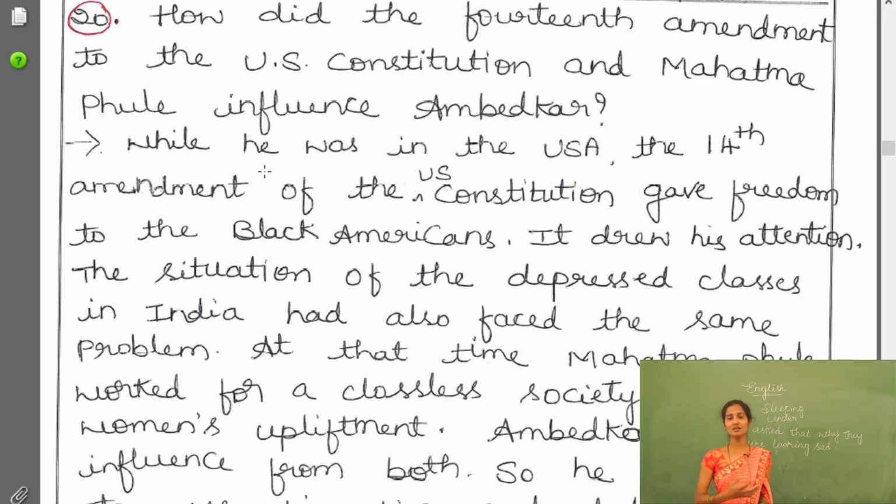When he went to the USA and learned about the 14th Amendment of the US Constitution, which gave freedom to black Americans, Ambedkar felt that if they have given freedom to those black Americans, why can't we? Why can't we change the position of the depressed classes in our country?